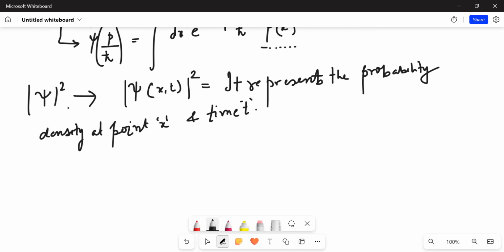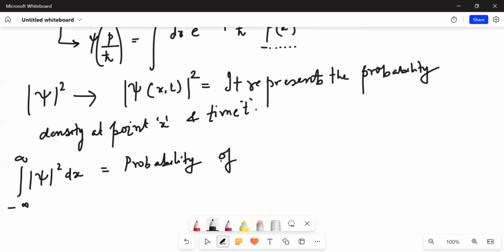And if I want to integrate it, I will get my probability. So psi mod whole square dx from minus infinity to plus infinity will give you the probability of finding the particle somewhere in the space. In fact, it would be unity, because somewhere in the space the particle should be there.